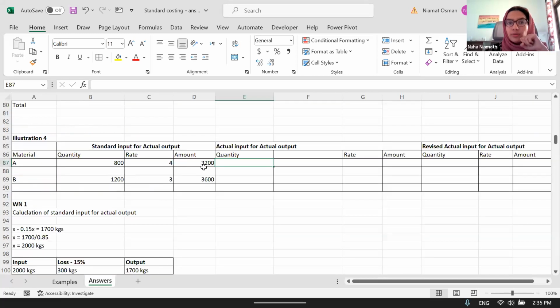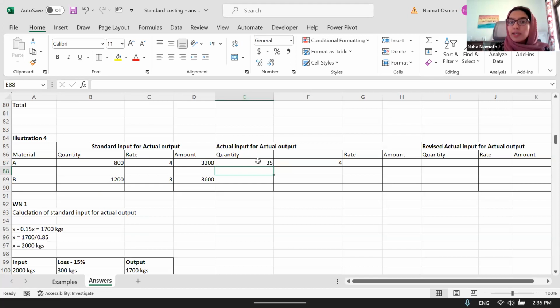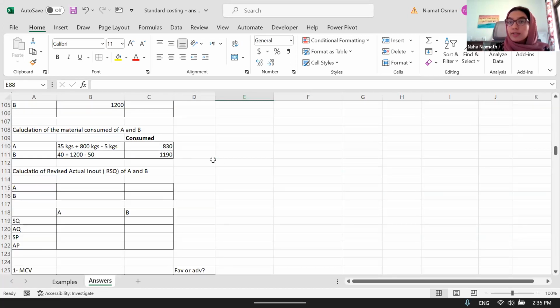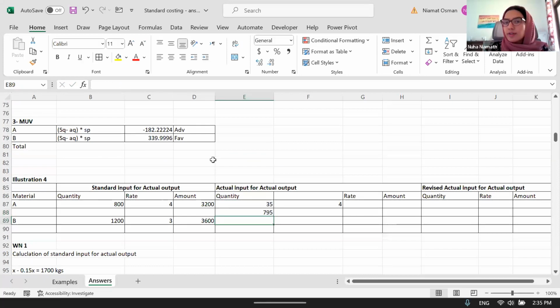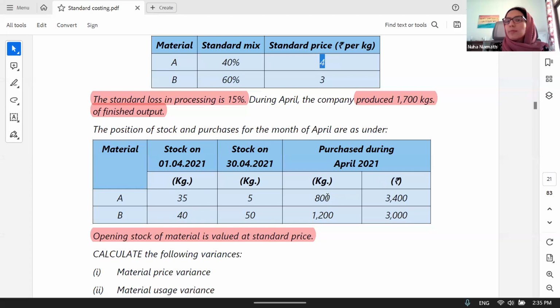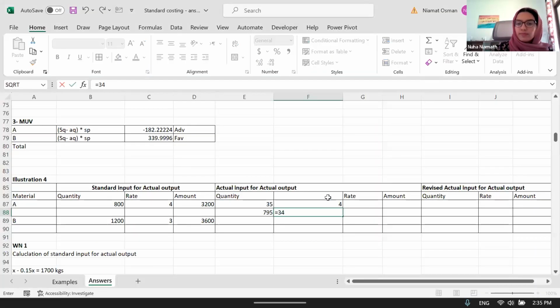So when you go here, 35 kgs will be at my standard rate itself. But the remaining, 830 minus 35, which is 795, will be at my actual cost. What is my actual cost? 3,400 by 800. Got it?